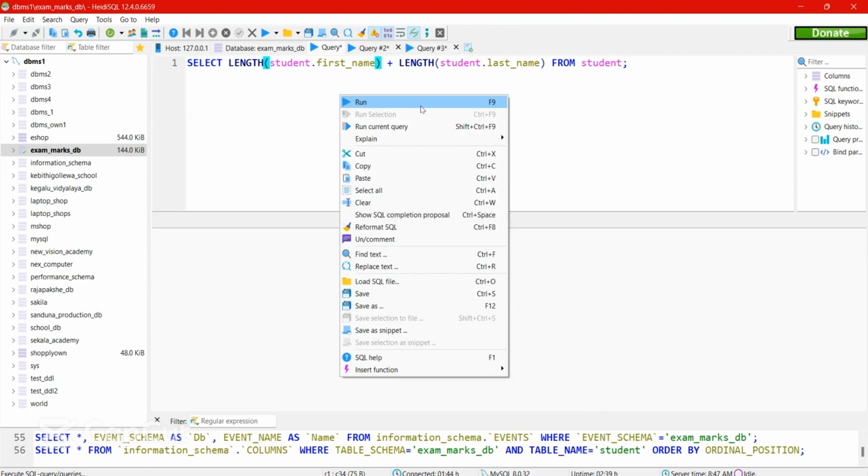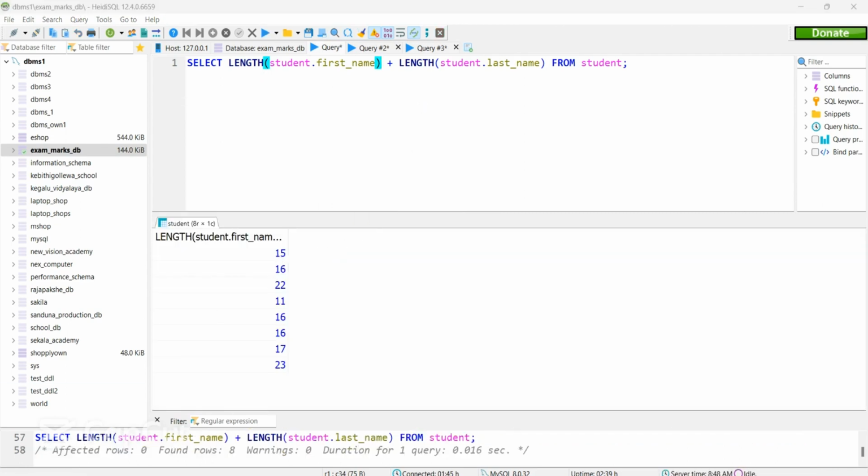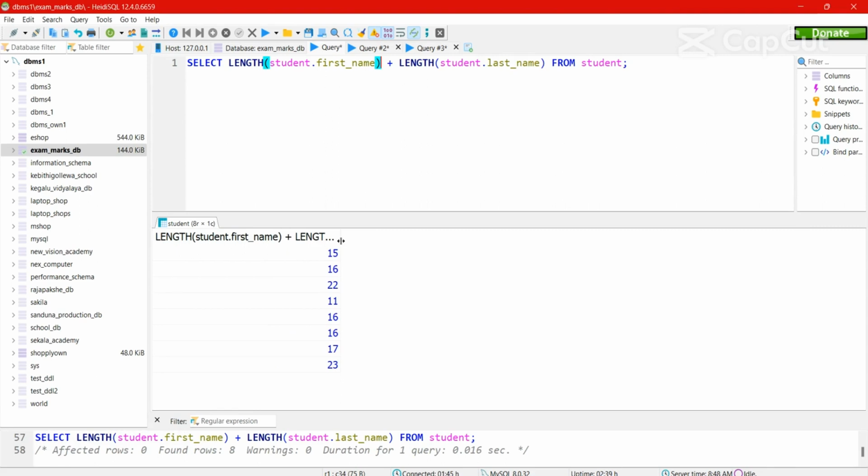Let's execute this. You can see here, in our database there are 8 students registered, so we got 8 results. The first student has 15 characters in his full name, and the second student has 16 characters in his full name.